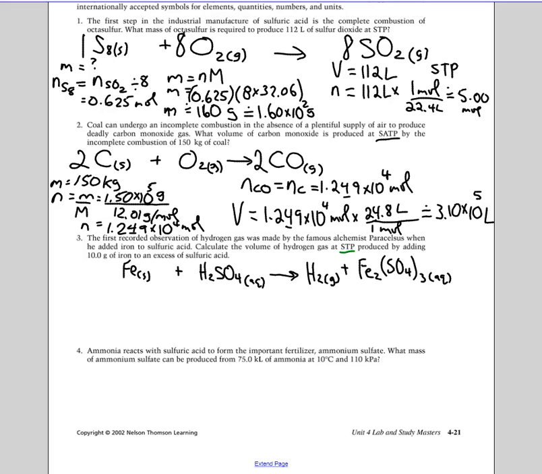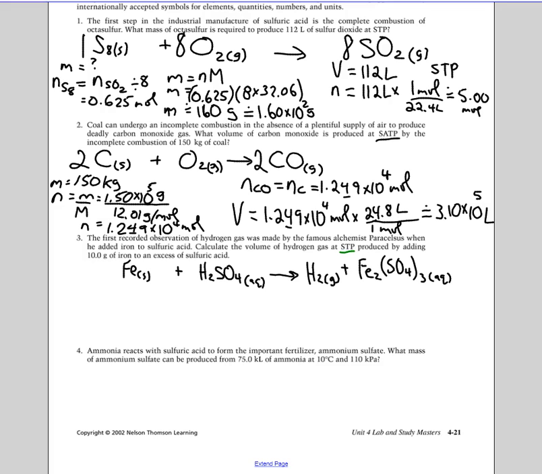Here to balance this, we have to remember that iron's most common ion charge is 3+. So in this single displacement reaction, iron displaces hydrogen. Hydrogen is kicked out as an element, and iron now bonds chemically with the sulfate, potentially to form a soluble or an insoluble product. We could check our solubility chart to verify that iron(III) sulfate has high solubility.